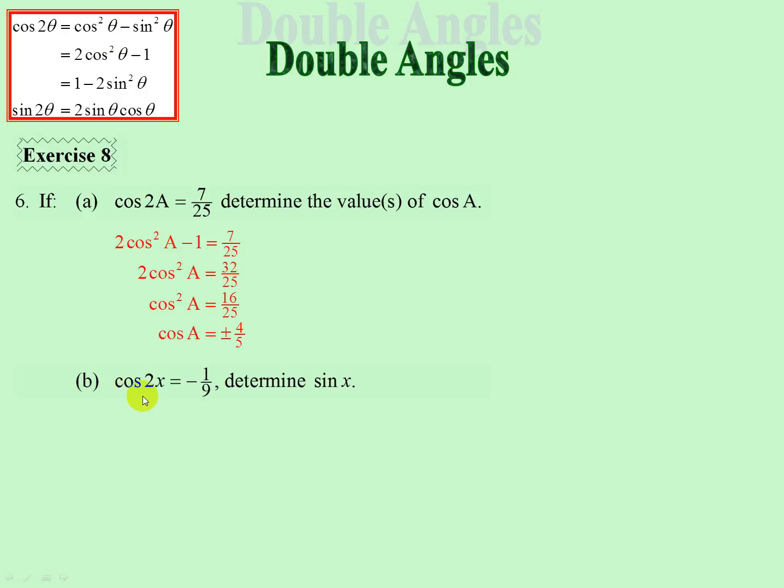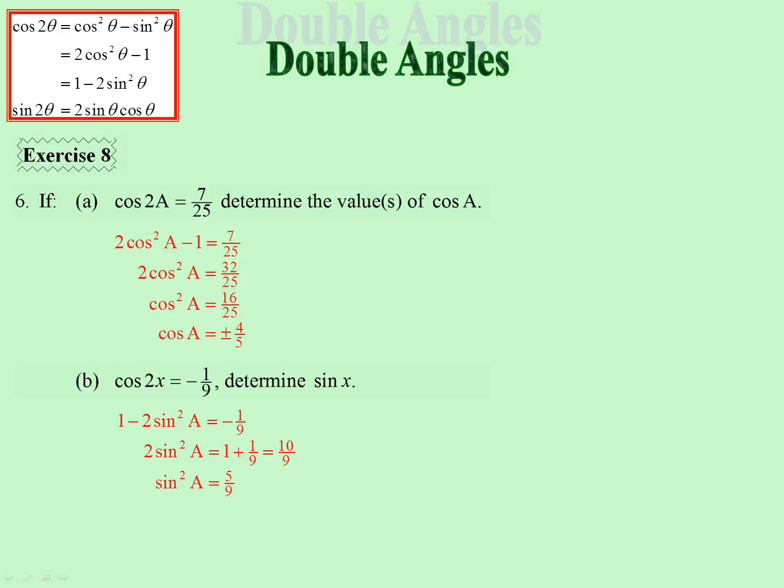This one's the same sort of thing. It says determine sine x, so the only difference is I'm going to use the sine expansion for cos 2x and solve for sine. 2 sine squared equals 1 plus 1/9, which is 10 over 9.